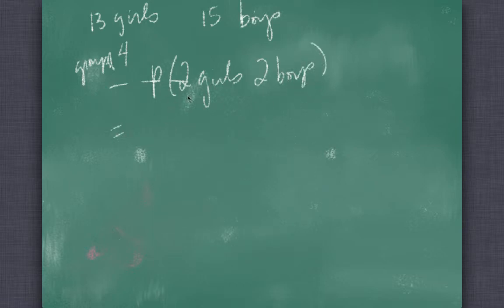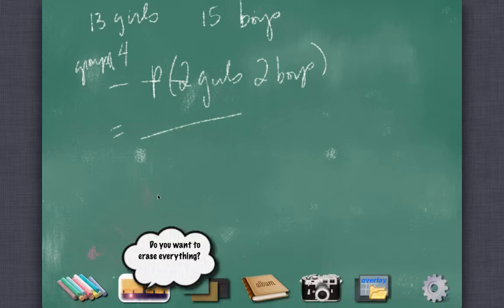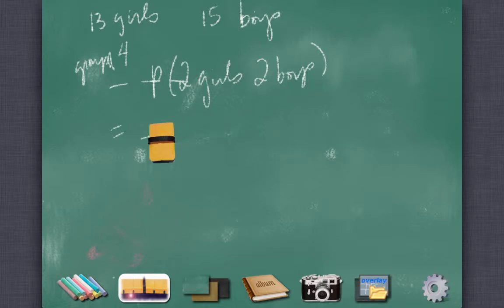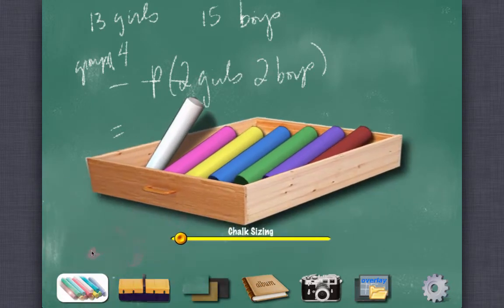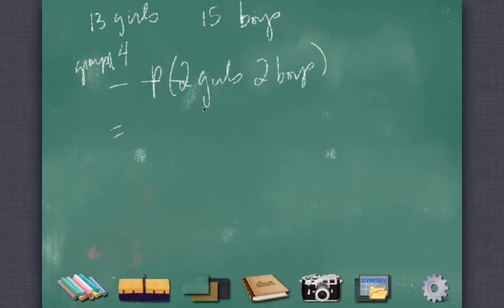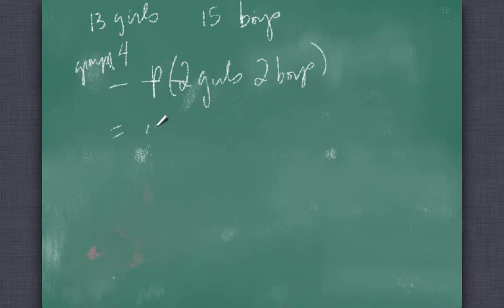So you do it like this. You say, okay, well, I need to choose 2 girls out of 13. But for each of these choices, I will have all the different combinations of 2 boys. So then out of 15 boys, I need to choose 2. And these get multiplied because, again, it's like a tree.